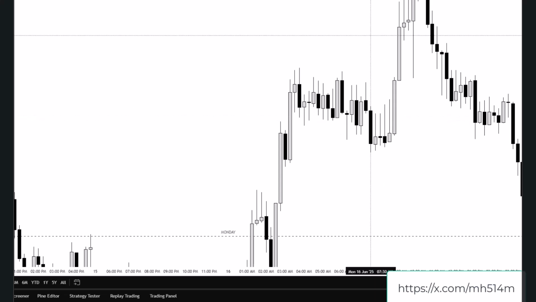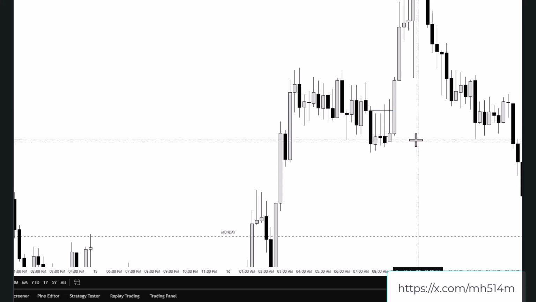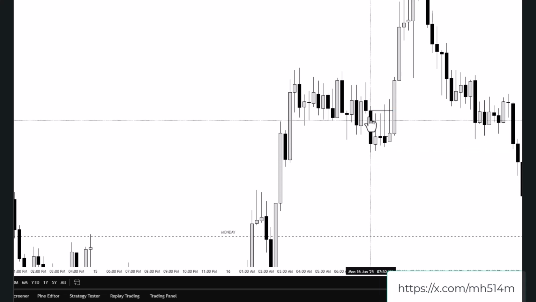This red candle just engulfed. This is a CISD, but no, this candle hasn't swept the liquidity. But this candle did. That means our valid CISD will occur when this candle engulfs. So this candle will be our valid CISD when it engulfs.